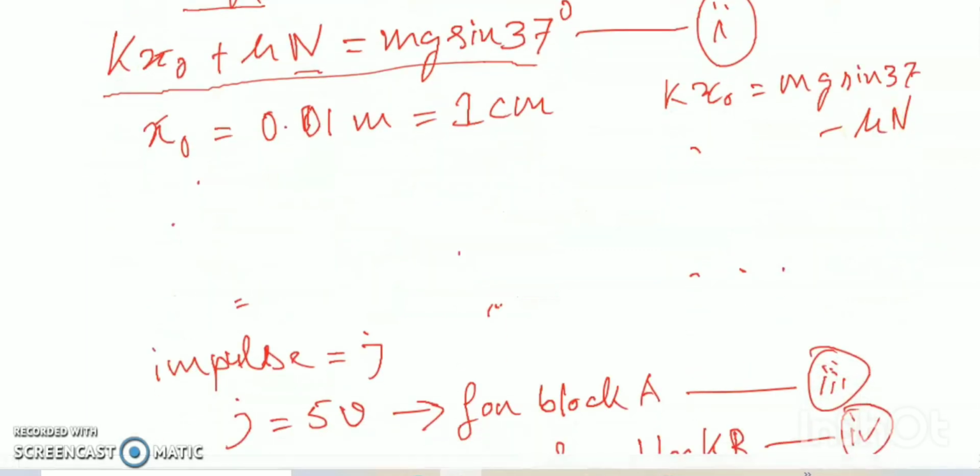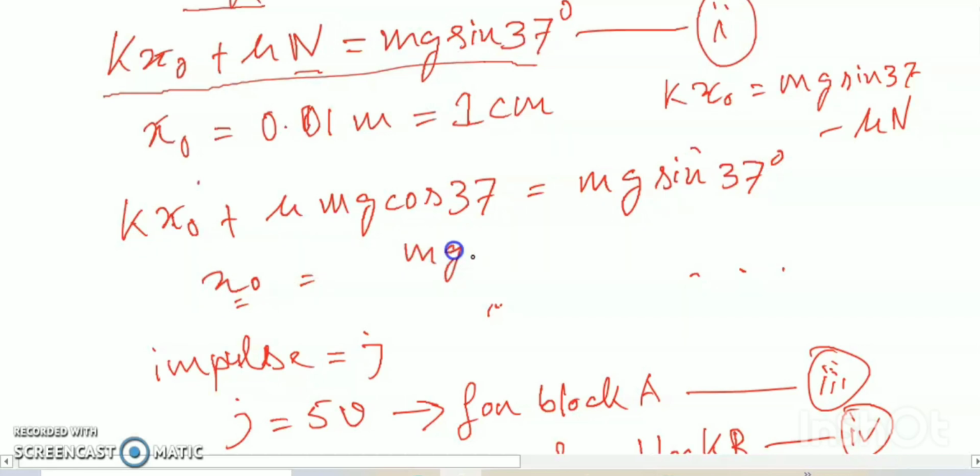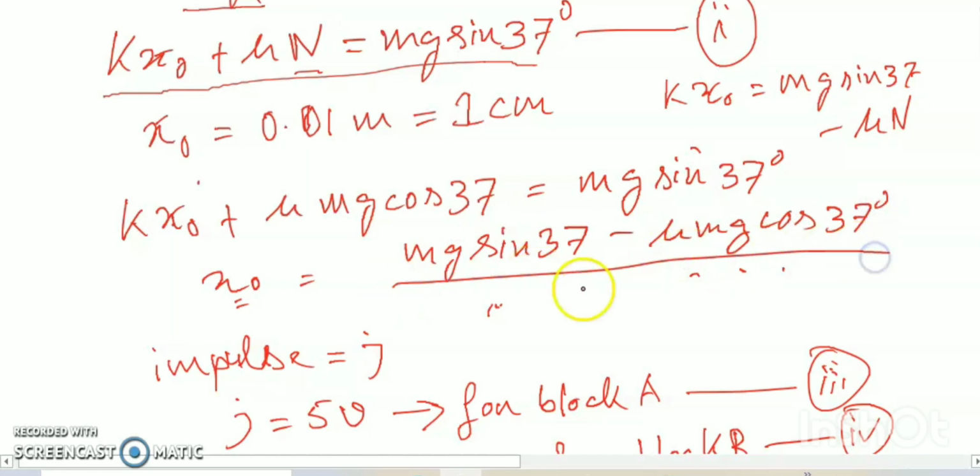So if you calculate here, kx0 plus mu mg cos 37 degree is equal to mg sin 37 degree, then x0 is equal to (mg sin 37 degree minus mu mg cos 37 degree) divided by k. Putting the value of k, you get x0 is equal to 1 centimeter.